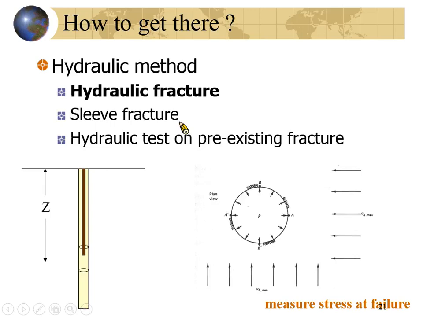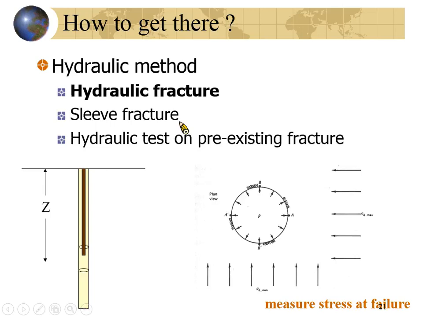If you have a device that can expand like this, you can also apply a high pressure around the tunnel wall, around the borehole wall. Then the borehole can be damaged as well. This will be the slip fracture.